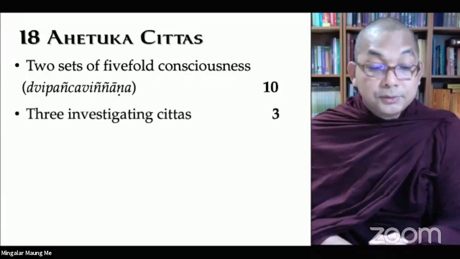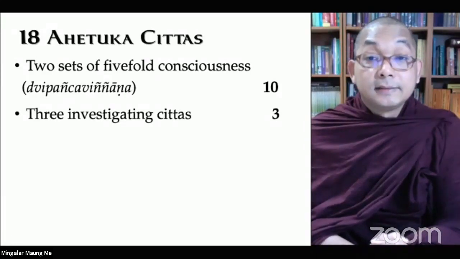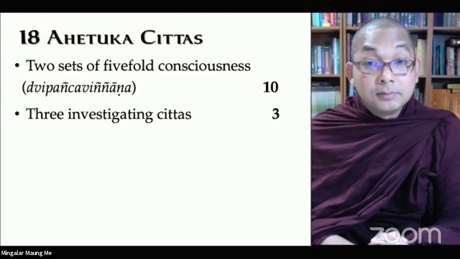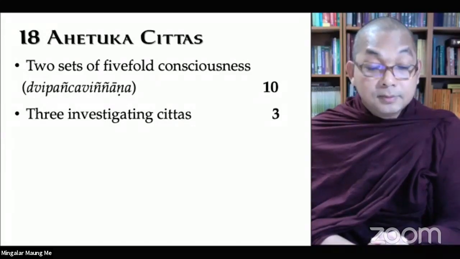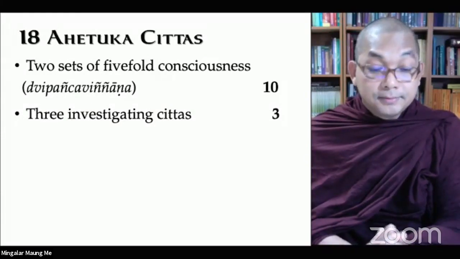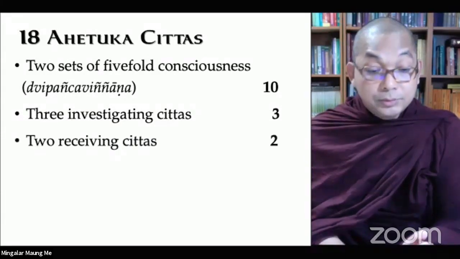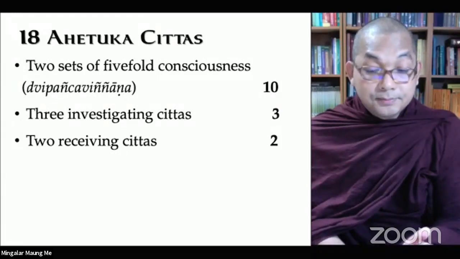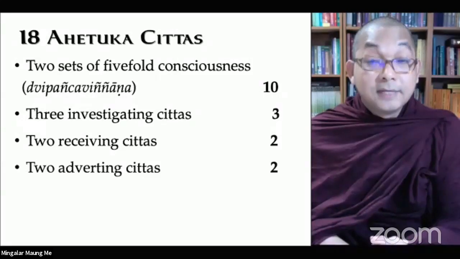Another one is three investigating cetas, which we've already learned: one because of akusala, two because of kusala. We have two receiving consciousnesses, one because of kusala, one because of akusala. We have two types of Avajjana cetas.